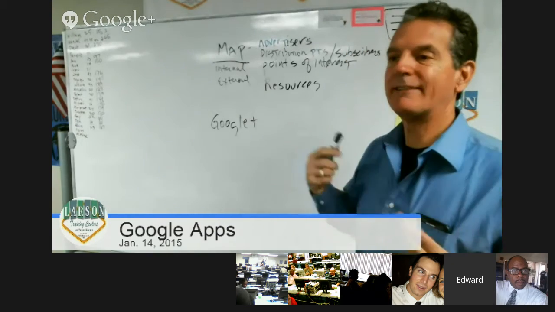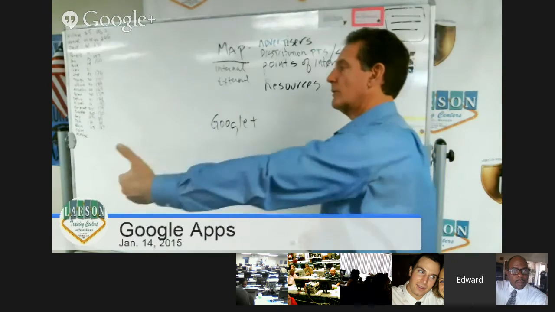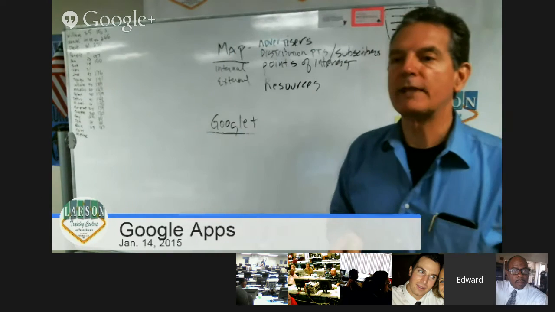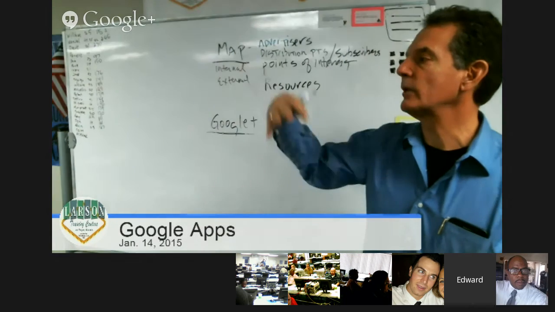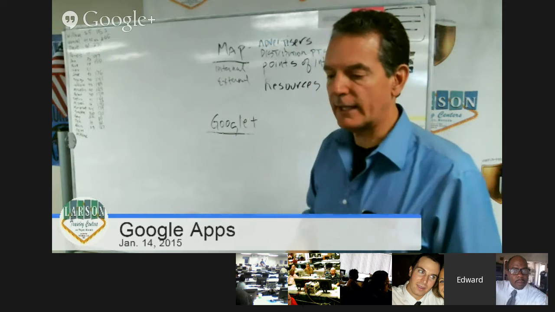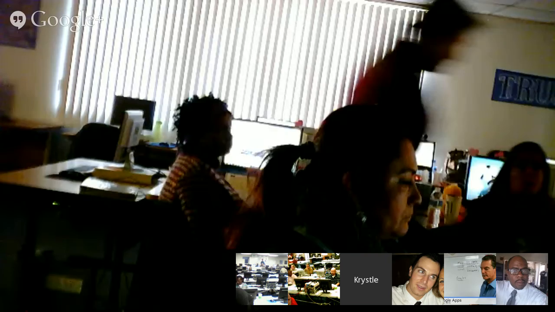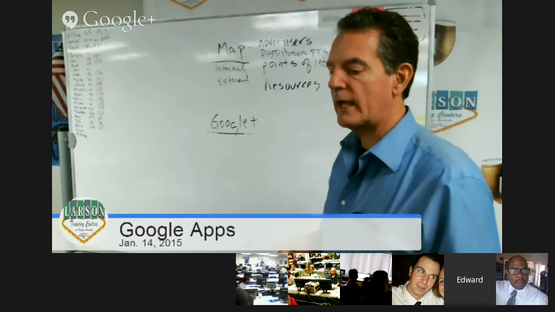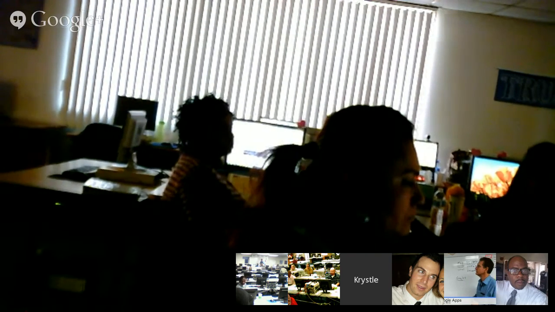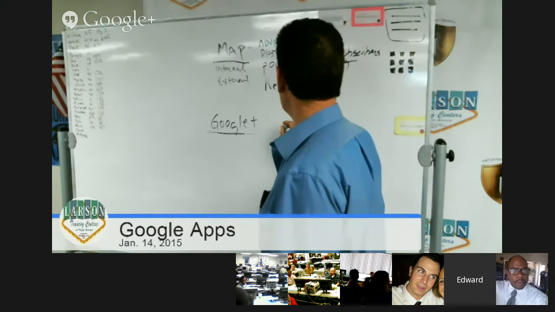Now in Google Plus, it's the same thing. There are some internal things and some external things. So when we say, how would we use Google Plus? Is that for the general public or is that for inside? Okay, California, how would we use Google Plus? Create events.